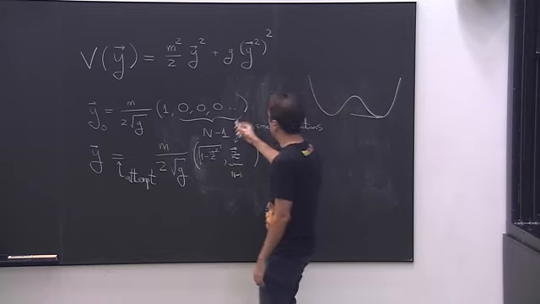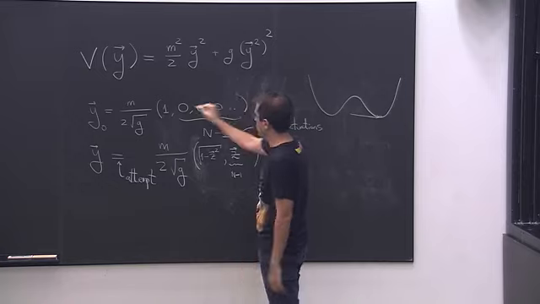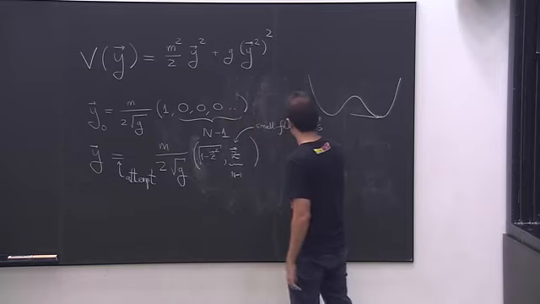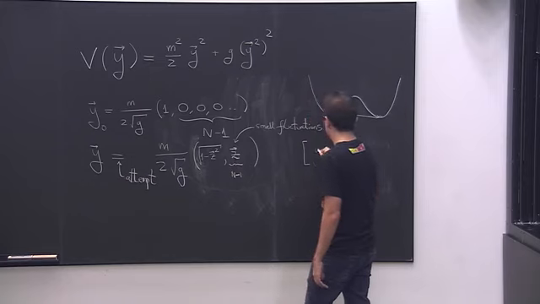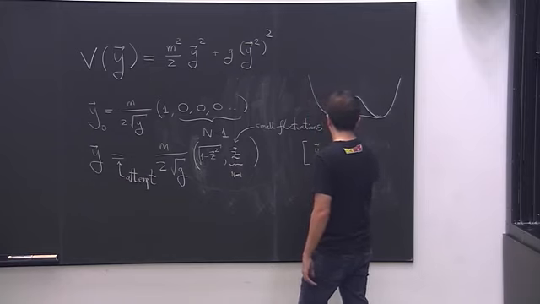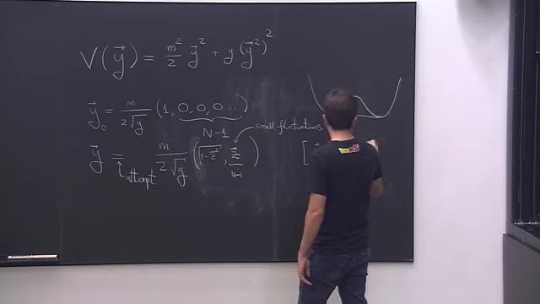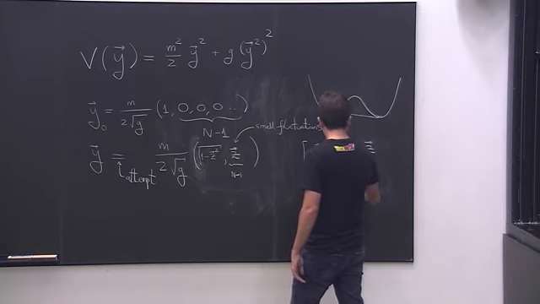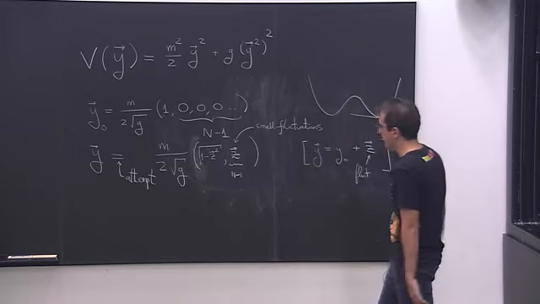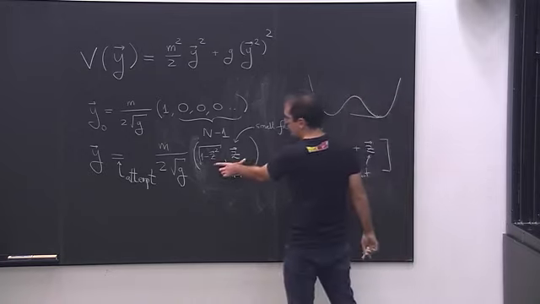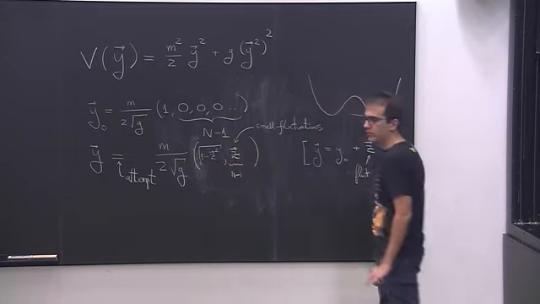Another way we could do this is to write y equal to y0 plus z, where z would be fluctuations. And the mathematics will be a bit different. This looks more complicated, but the mathematics are simpler here, as I'm going to explain.